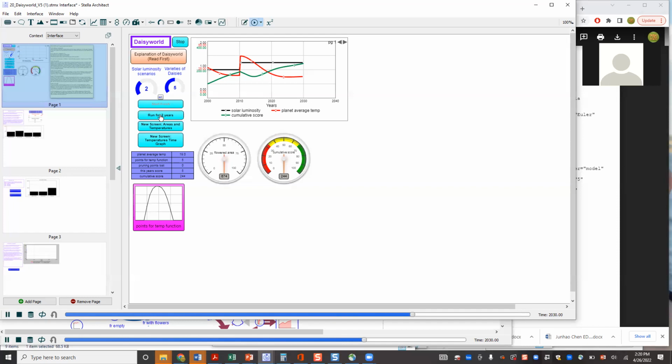They're going to increase. And as white daisies increase and black daisies decrease, what's going to happen to the way in which the planet is absorbing energy? Justin, what's going to happen if I increase my white daisies and decrease my black daisies? What's going to happen to the amount of light I absorb?